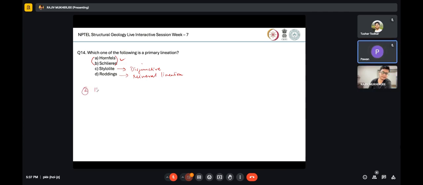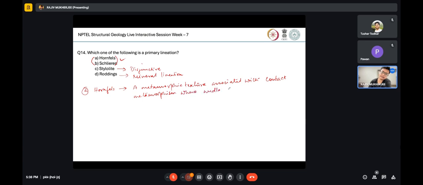But Hornfels, it is basically a metamorphic texture associated with contact metamorphism, where needle-like mineral grains are formed due to reaction, and they may sometimes be present as lineation.